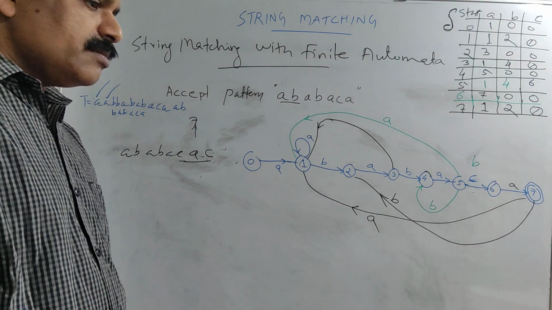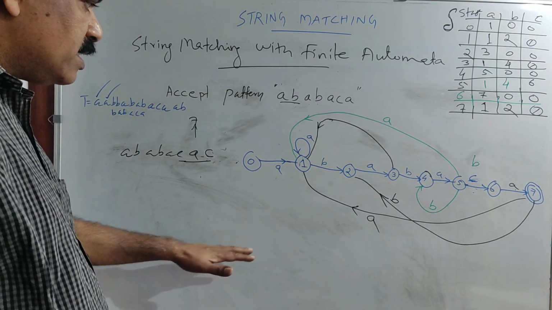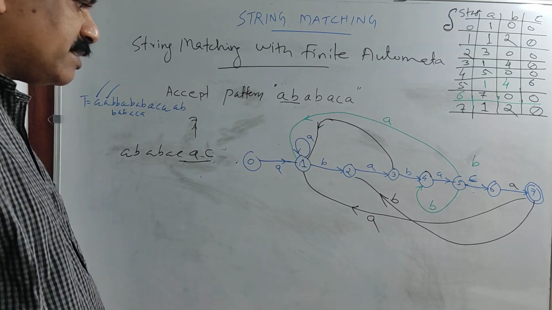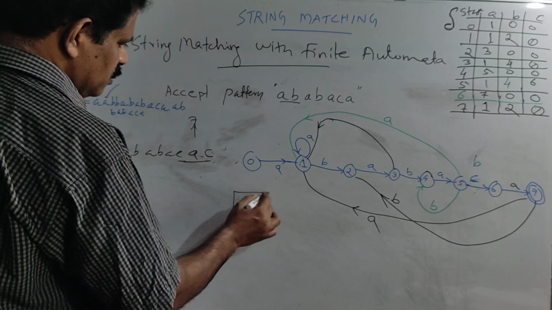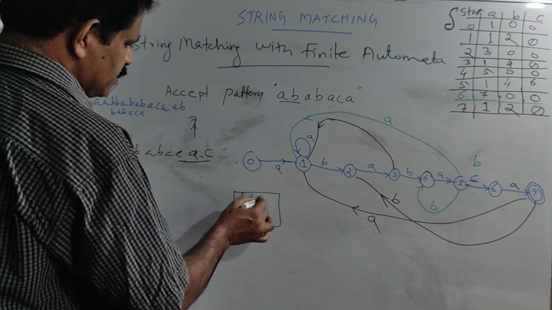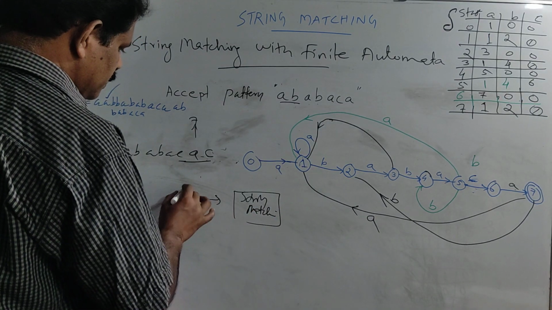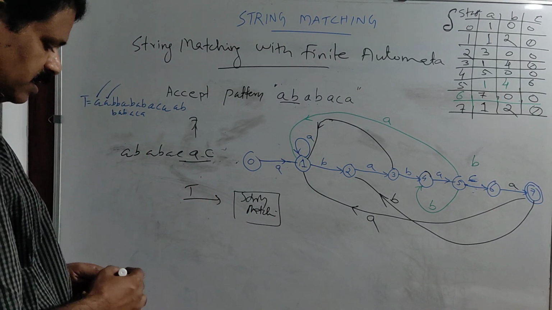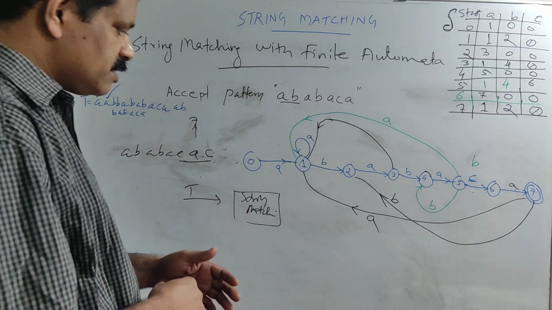Next, let us see how to write the string matcher. We have already discussed a string matcher, to which we pass the text string. Then what will be the body of this string matcher?